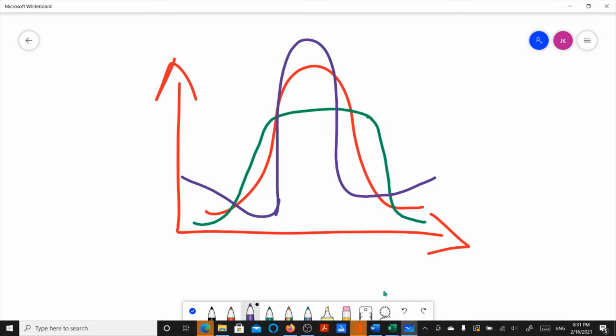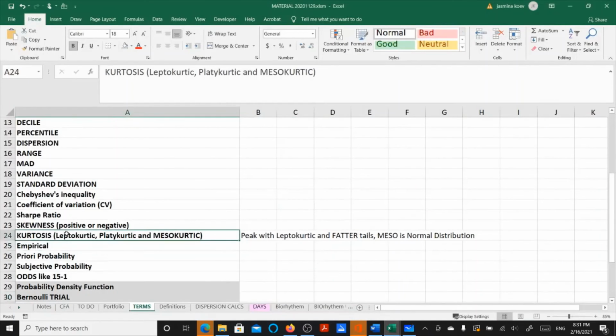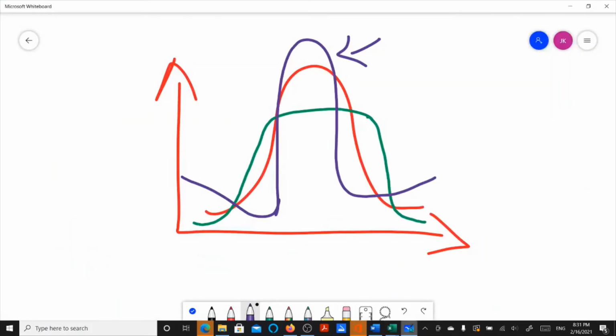Okay? So the red is normal. This is leptokurtic or something. Let's go look it up. Leptokurtic. It's leptokurtic. This is leptokurtic. And this is like a platypus.